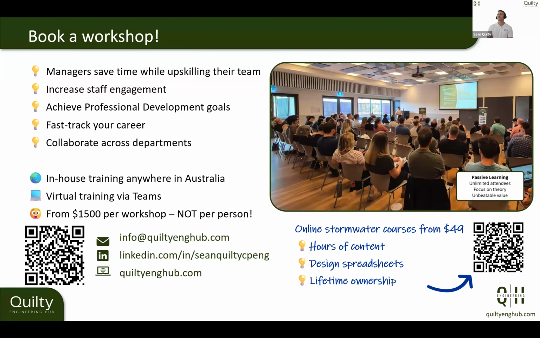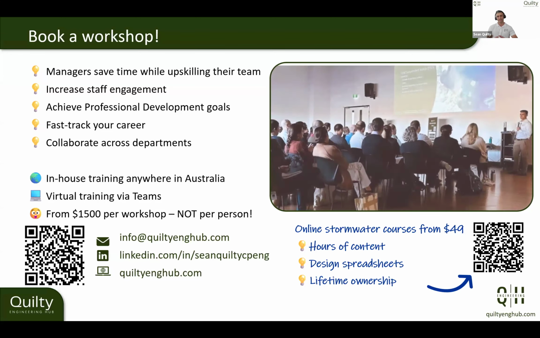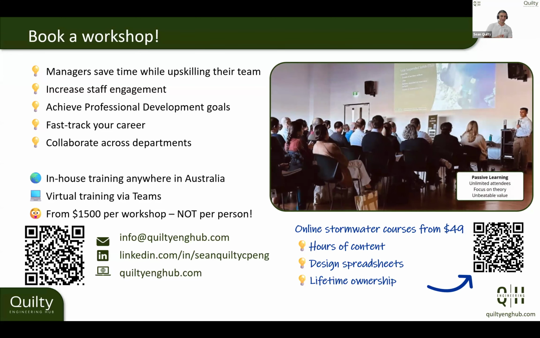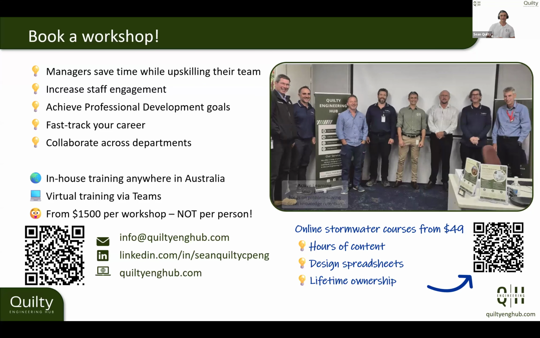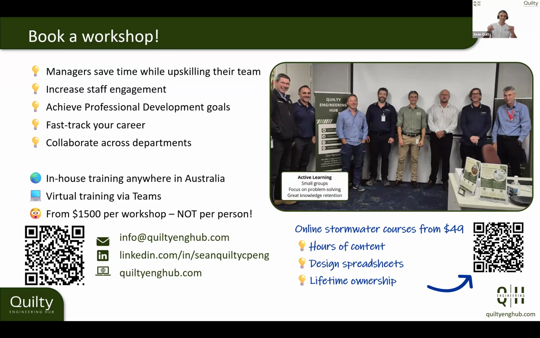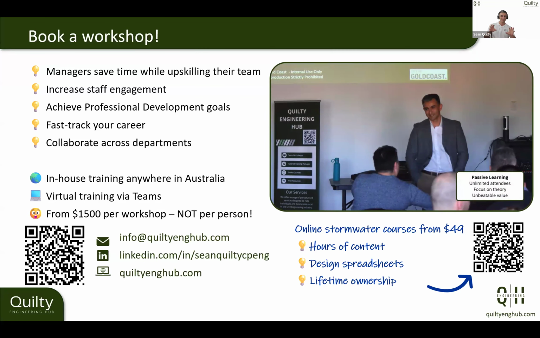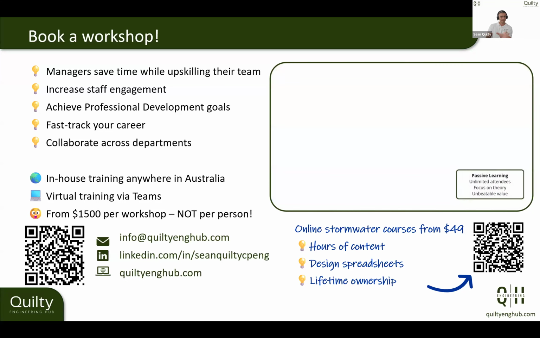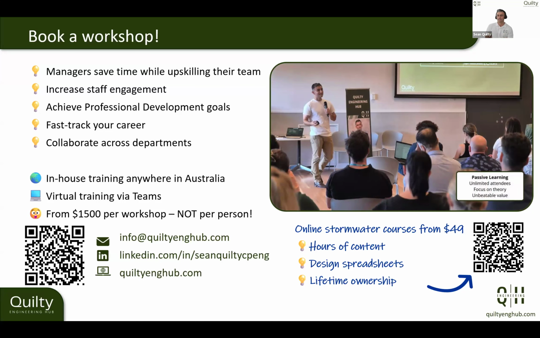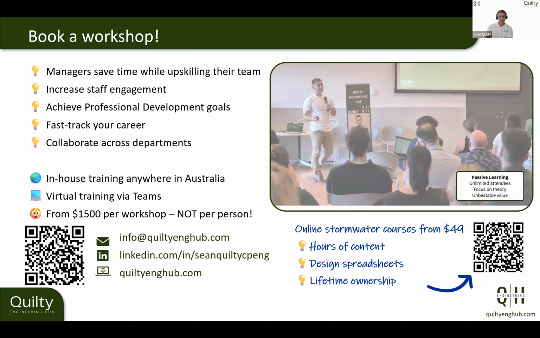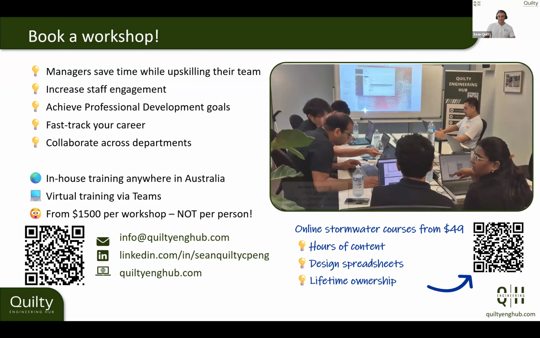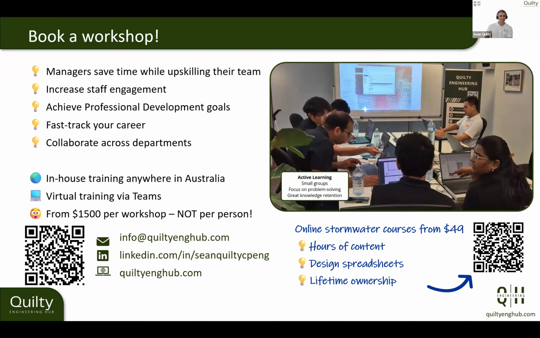So I won't be able to memorize this off the top of my head, but in the Australian Rainfall and Runoff guidelines, if you flick me an email, I'll flick you a copy of it straight away. But they've got this neat little diagram that has all the different hydrological models, and it's based on the size or the scale of your catchment. So essentially, in the ARR guidelines, for the rational method, they typically say that should be like a single lot or a 2-lot scale.